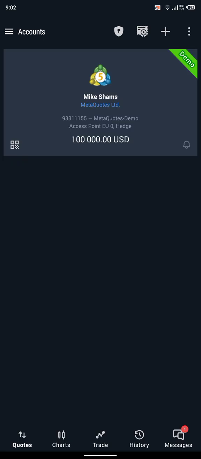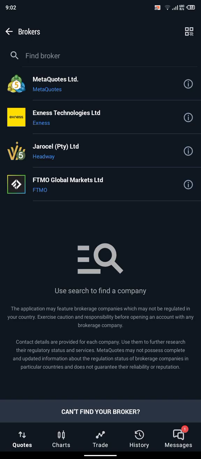And if you want to add an account, just go to this top right. Look at this plus sign, just click on it and then it will bring you to this place. So you are seeing this search button. It says find broker. So we have a lot of brokers. Now remember I said from the beginning that you have to register with a broker and open a trading account. So you just come to any of these places and search for the brokers.